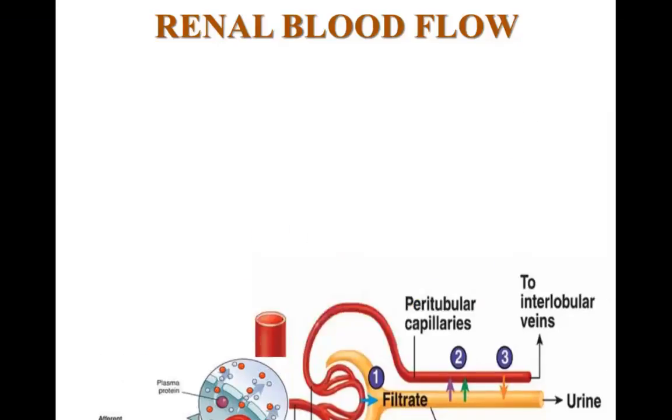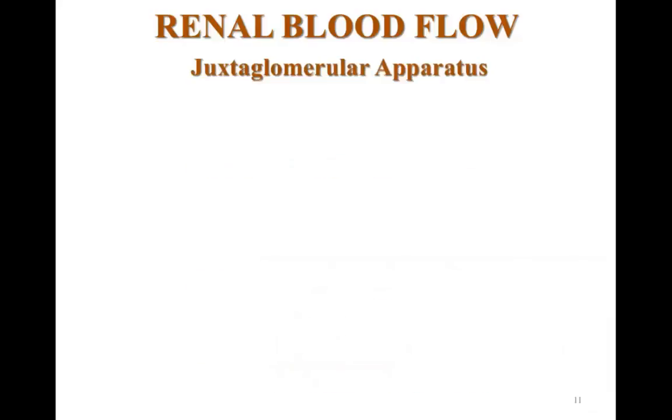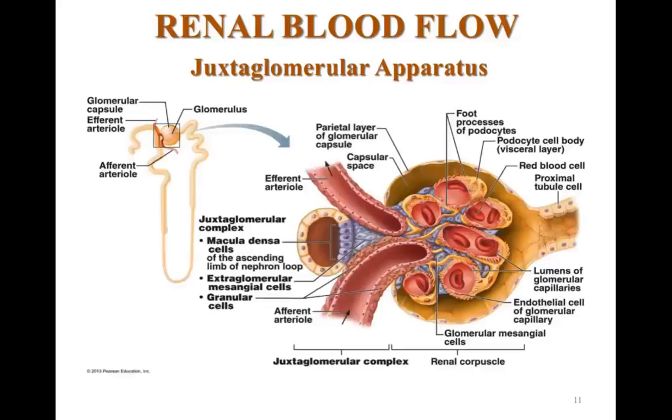Now, let's not forget about an important structure in the kidney, the juxtaglomerular apparatus. As most of you know, it's located between afferent and efferent arteriole, just in the area of the distal convoluted tubule. It consists of three parts. The first part is modified tubular epithelial cells called macula densa.